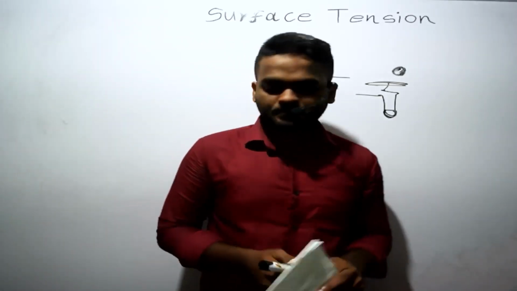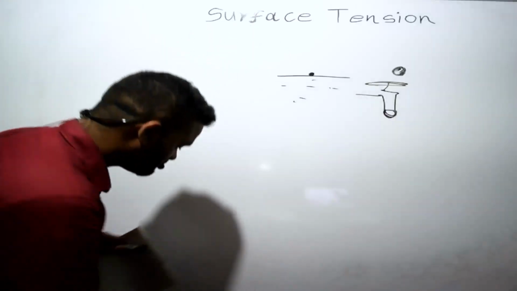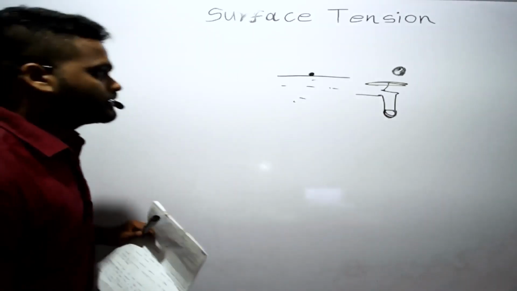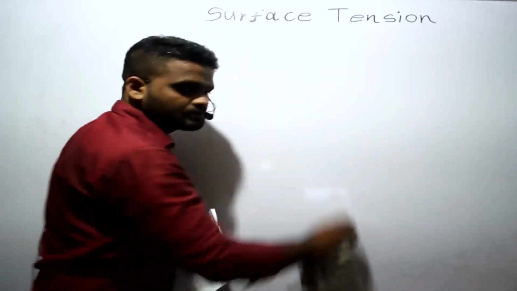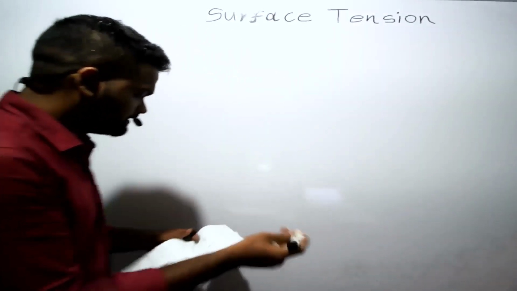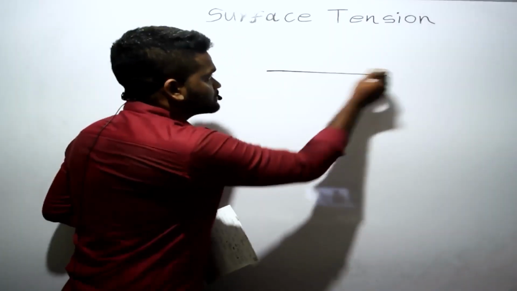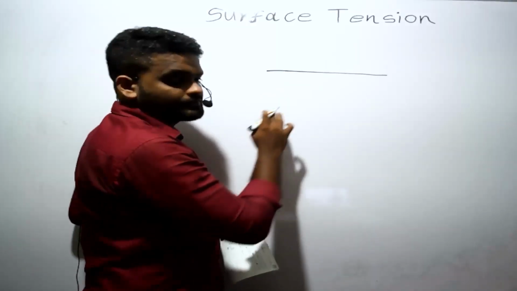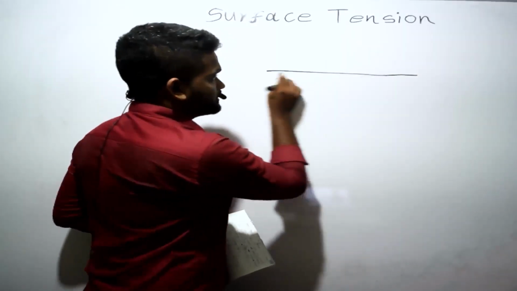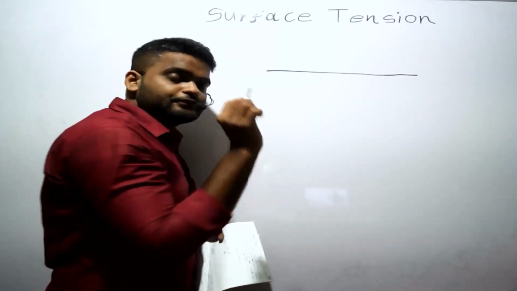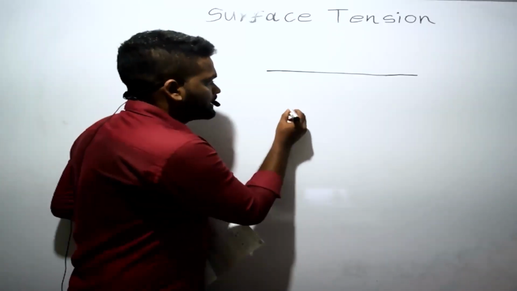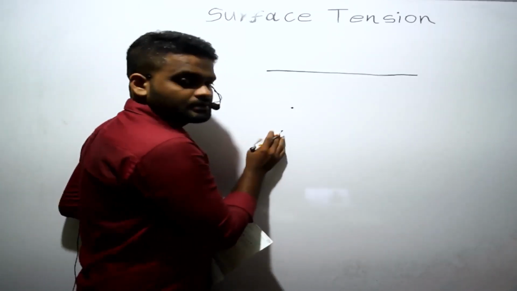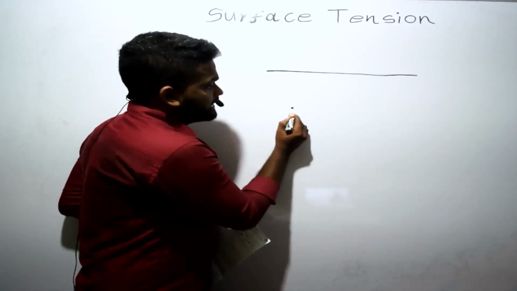Okay. You can draw this with me. So here you have a liquid surface. This is a free surface of a liquid, right? If you consider a water molecule inside the liquid, this is the water molecule.